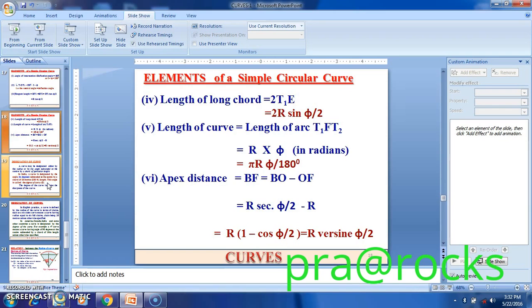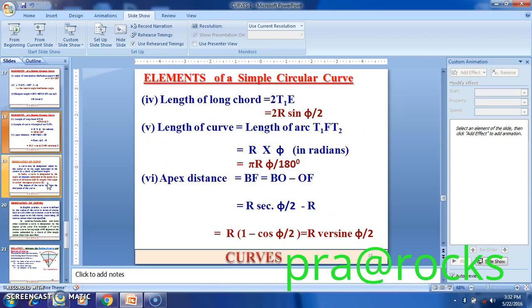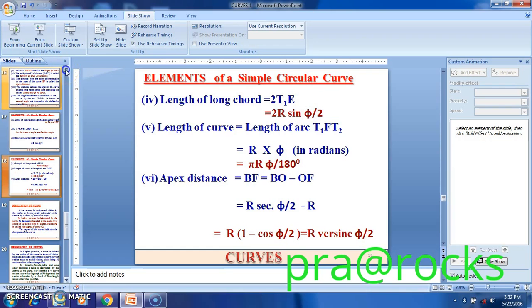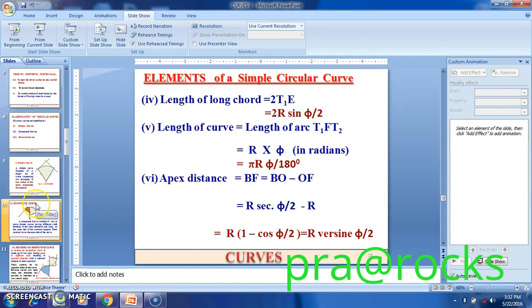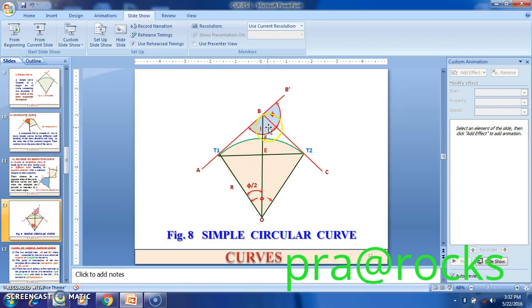Then the apex distance, that means BF, is given by the equation R into 1 minus cos phi by 2, and we can see it from the figure. BF.